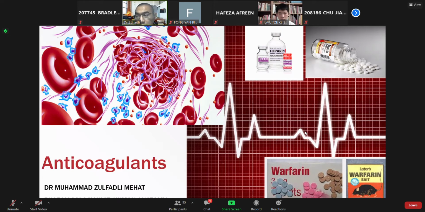What is the clinical use of aspirin? Clinical use of aspirin. Haven't learned yet? Blood thinner and painkiller. Blood thinner and painkiller. So is there any clinical use in angina or hypertension?